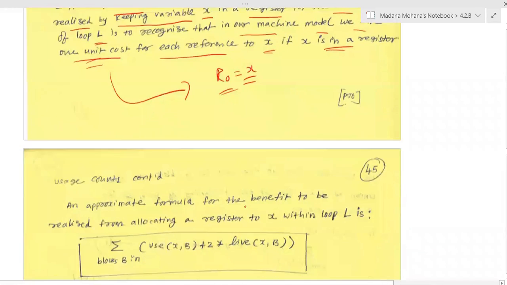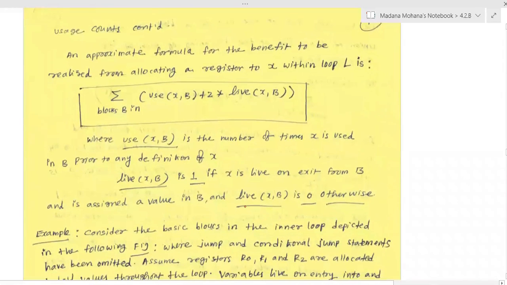Now, how do we calculate the usage count? For that, we have an approximate formula for the benefit to be realized. The benefit, also called usage, realized from allocating a register to a variable X within loop L is defined by the formula: sigma, summation over blocks B in the loop, of use(X, B) plus 2 times live(X, B), where B is the current basic block.